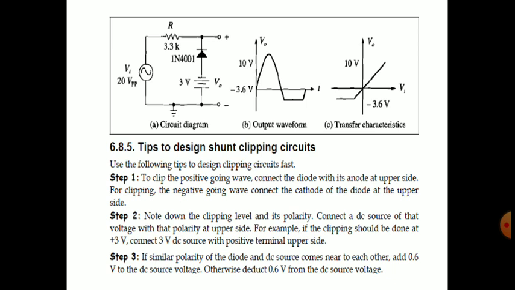After that, we have seen in yesterday's class clamper circuits, and at the end of yesterday's lesson, we also discussed different types of clampers, and we designed some clipper and clamper circuits based on the questions. That is, if we are given the waveforms, then we have to design the circuit, and vice versa.